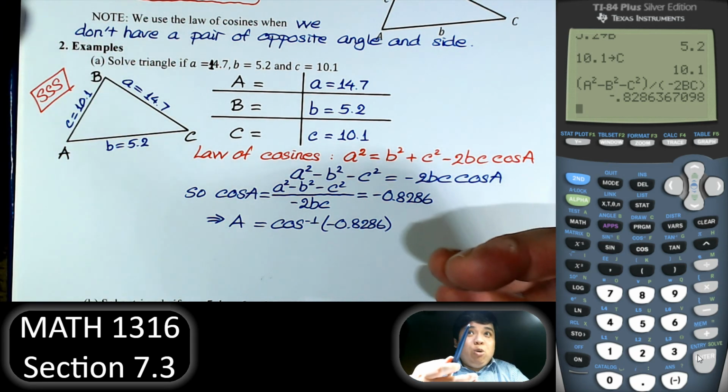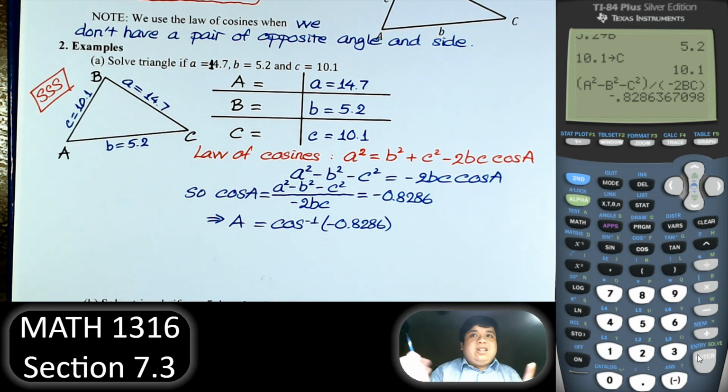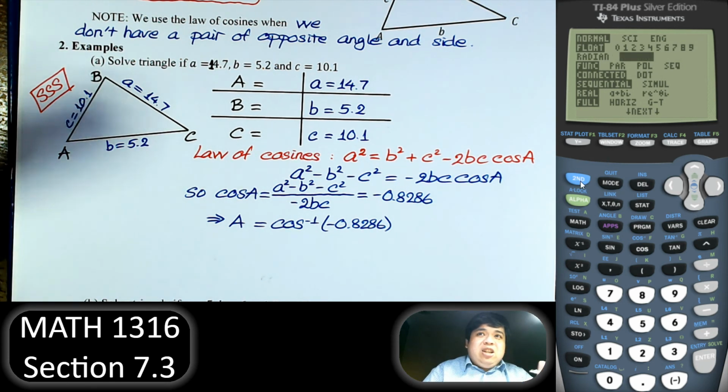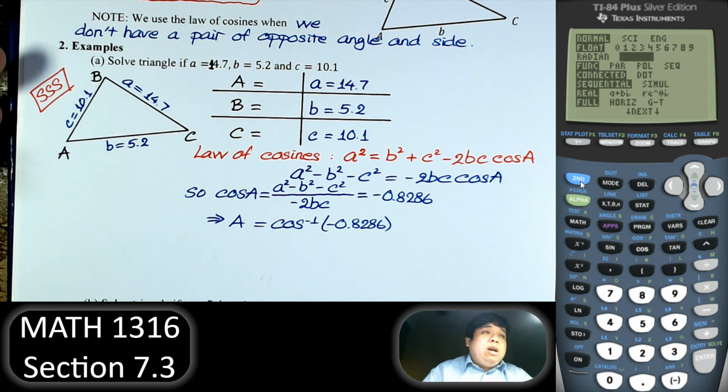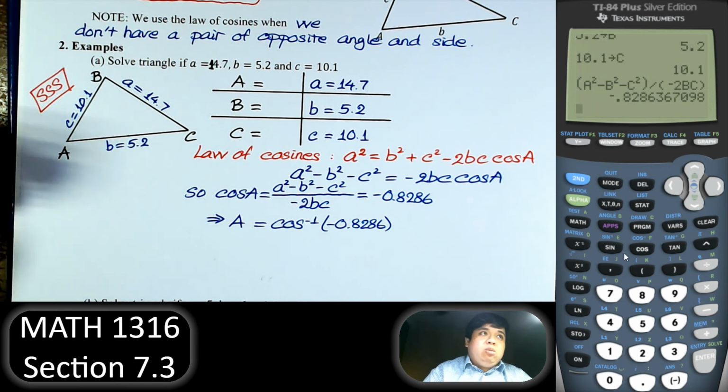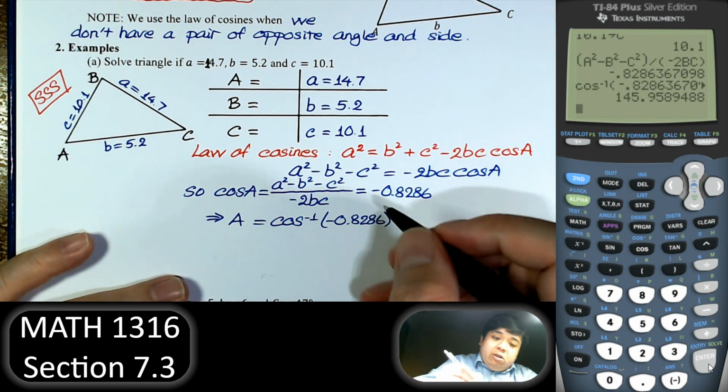The nice thing about the law of cosines is cosine inverse: no other option. So I will just do cosine inverse here. But make sure it is in degree mode. Before we enter the trig function, just make sure that we are in the right mode, because that makes the whole thing incorrect. Right, I just copied the whole long number, and I have 145 degrees.